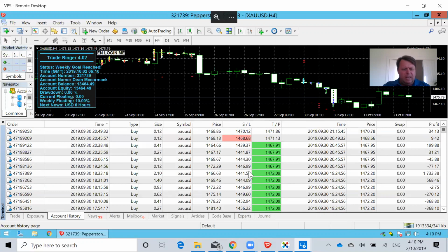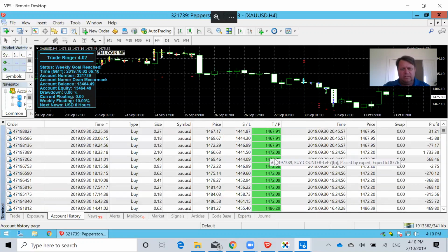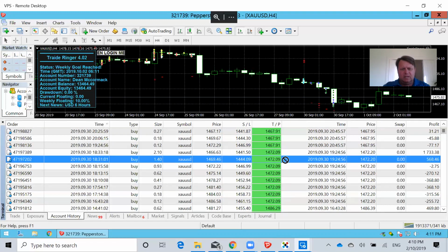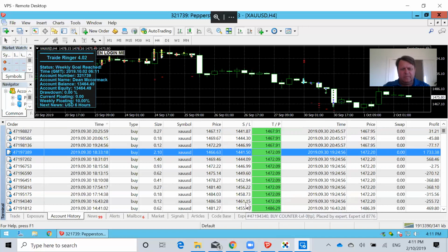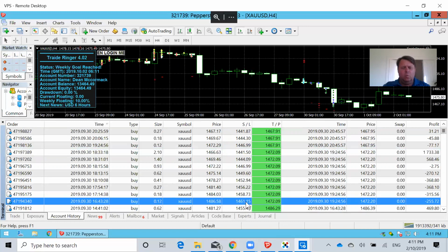So we're looking at these trades just here, the ones in green that say 1472.09. This little cluster, 1.47029. You can see them all here. Oh, I can't click and drag. So from this one down to this one, that was basically one trade.